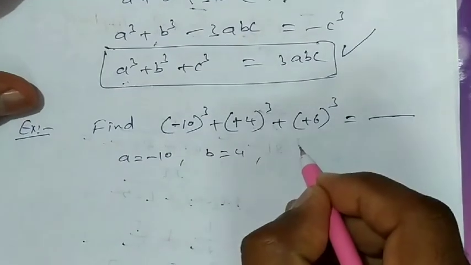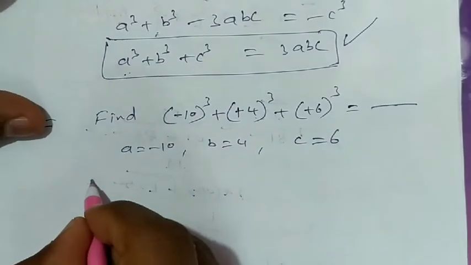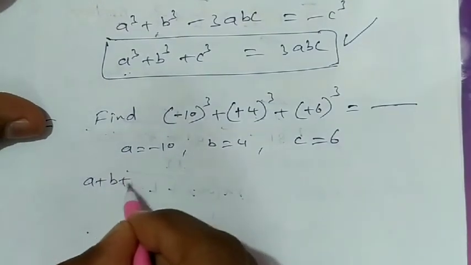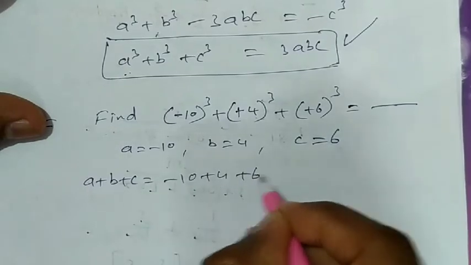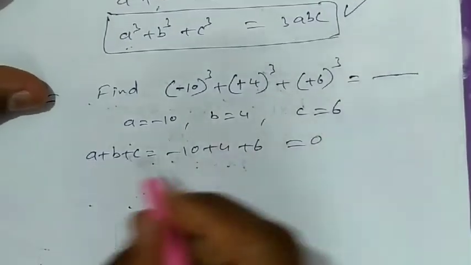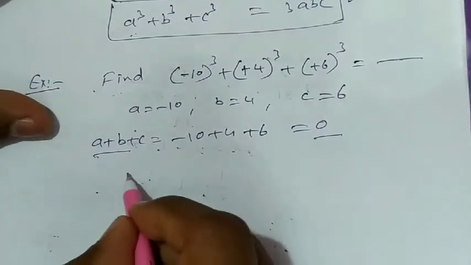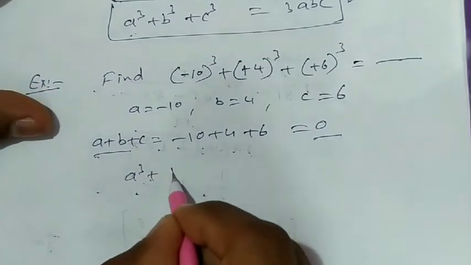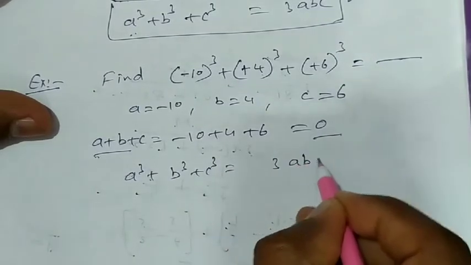What is c? 6. Here a plus b plus c, minus 10 plus 4 plus 6, gives 0. So we know very well, if a plus b plus c equal to 0, then the formula is a cube plus b cube plus c cube is equal to 3abc.